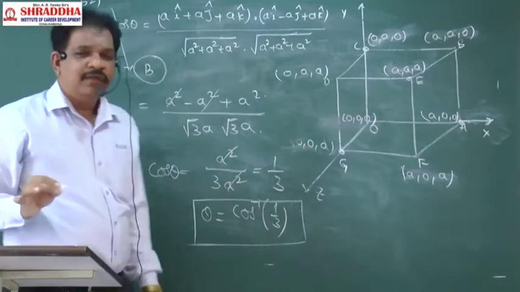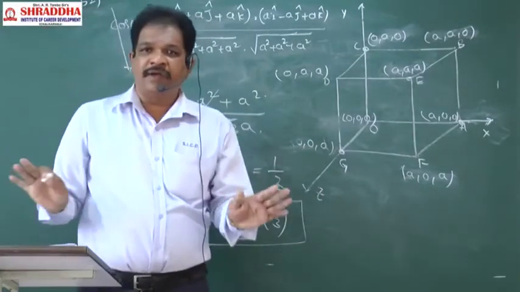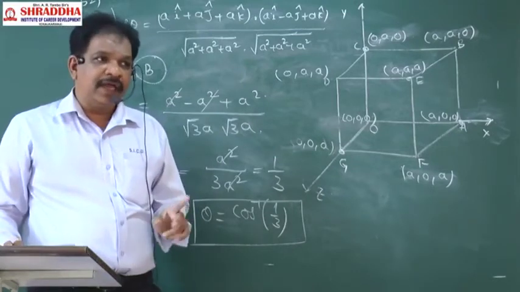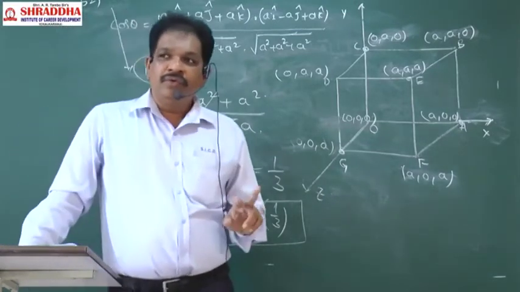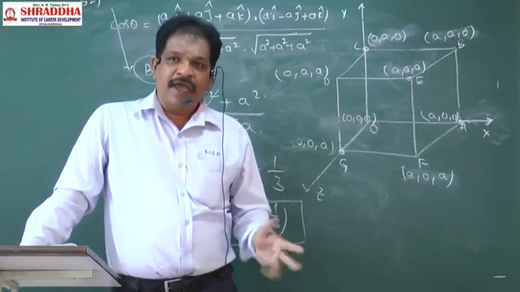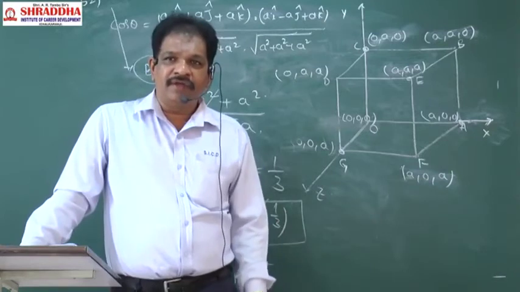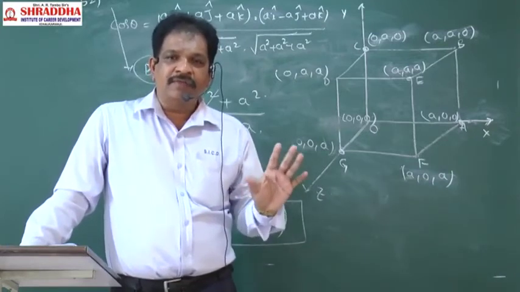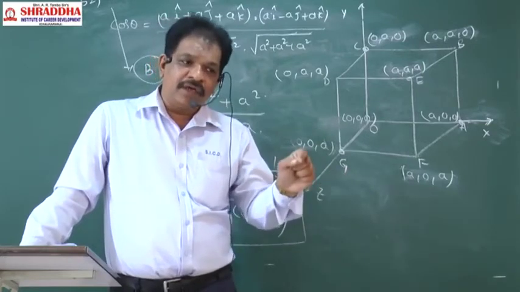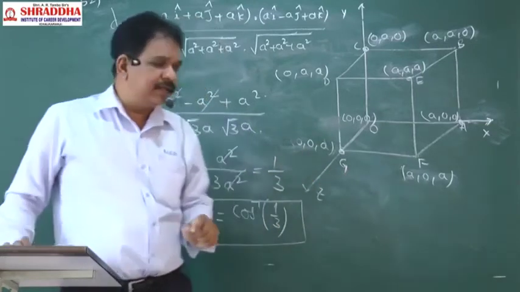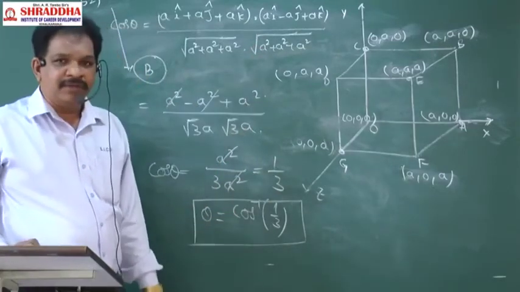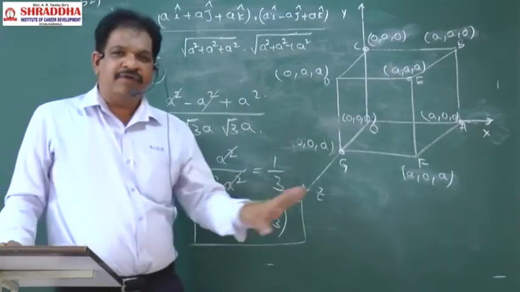Yes. Now, the question will be asked in this format only. What is the question? Find the angle between two diagonals of a cube. The answer is cos inverse 1 by 3. Remember it directly, or if you try to do this question in the examination, a minimum of 5 minutes will be wasted. The question will be asked in that format only.